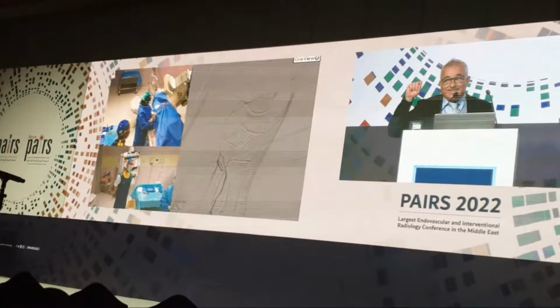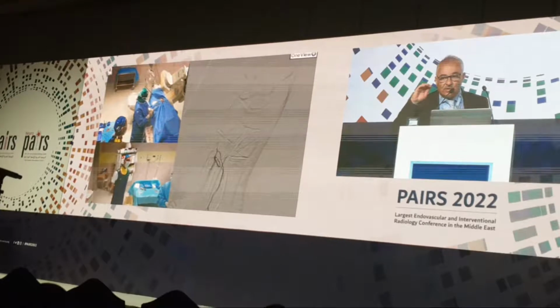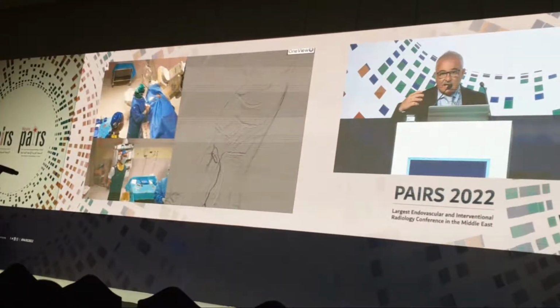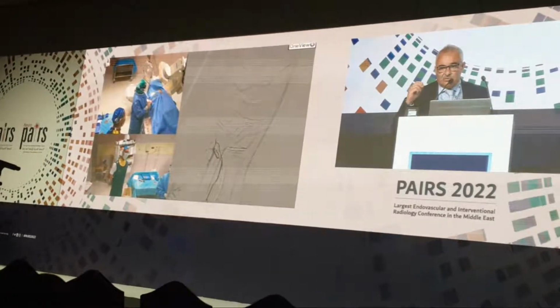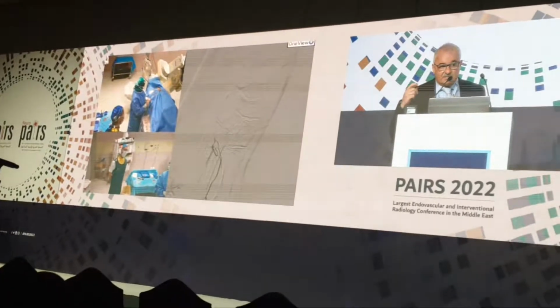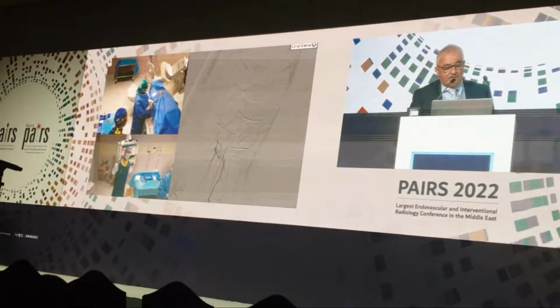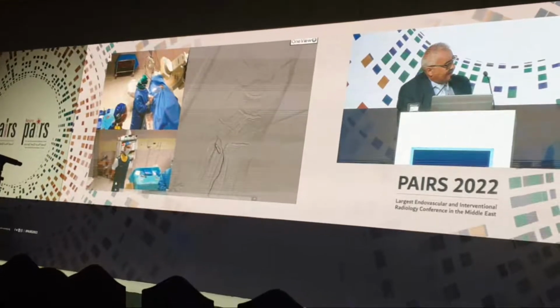So the major flow to the forefoot is through the tarsal artery, and you can see how big this artery is. Don't try to recanalize the dorsalis pedis because it's hypoplastic, not diseased. You can cause a perforation in that case.